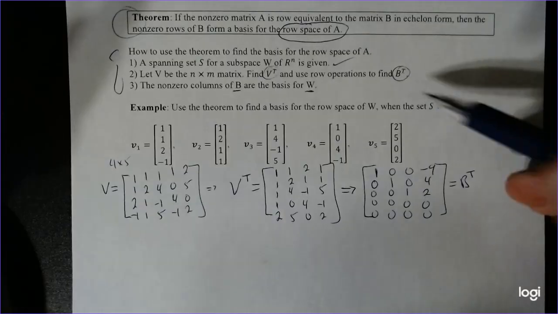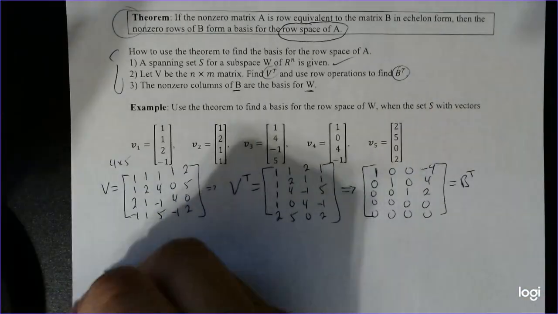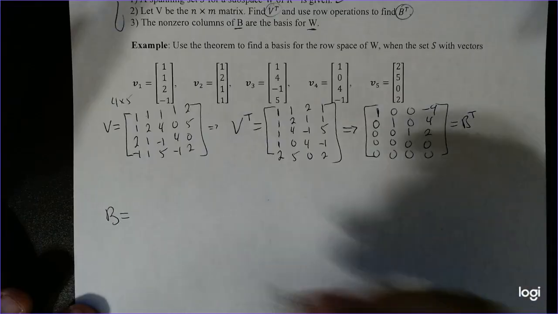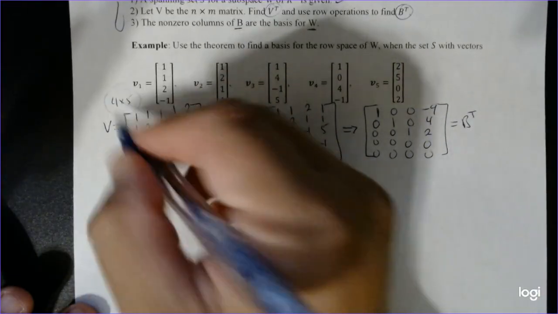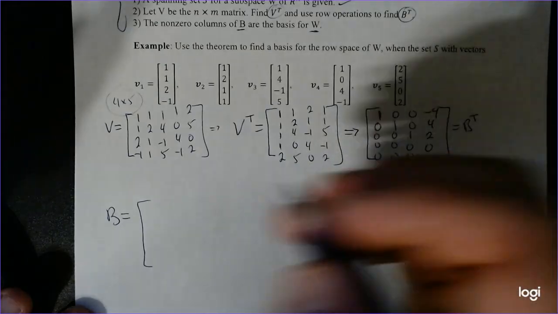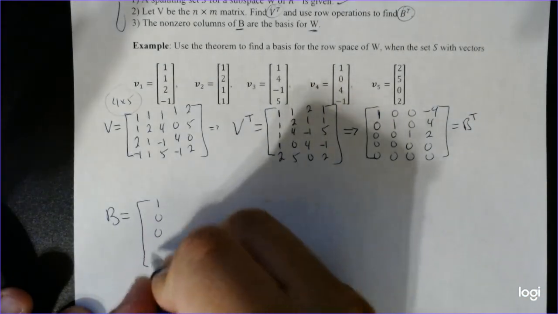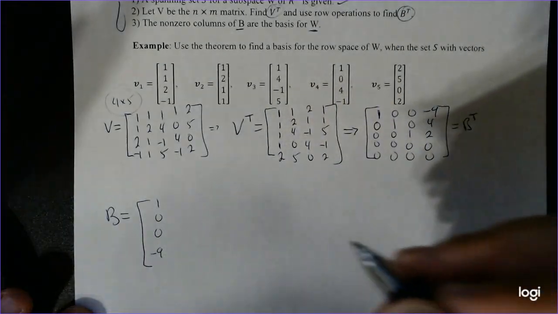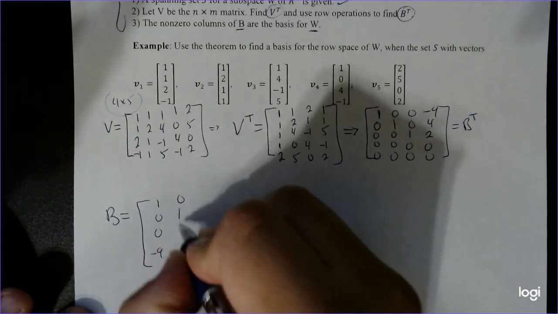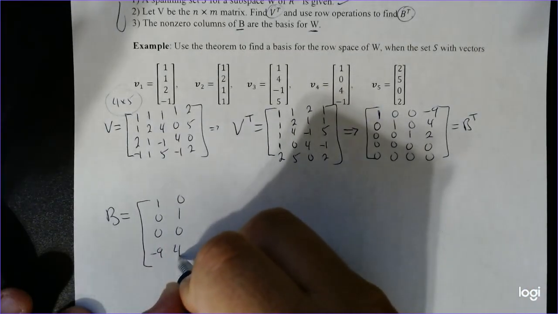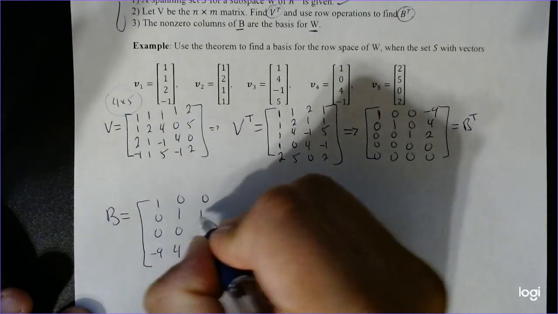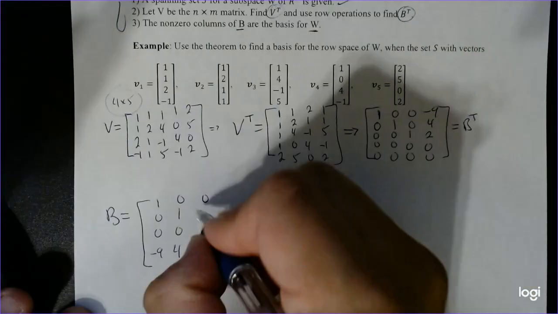And now we re-engineer it to find B. So we untranspose it, and we're back to a 4 by 5 matrix.